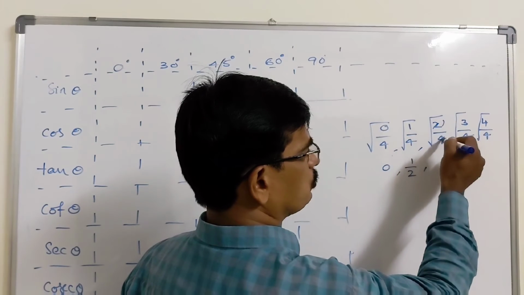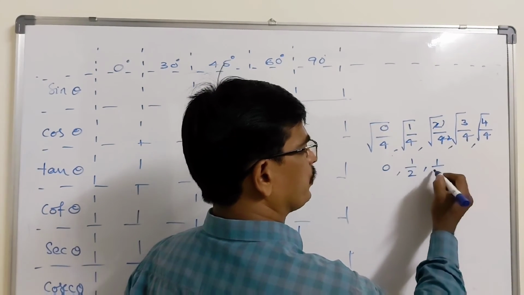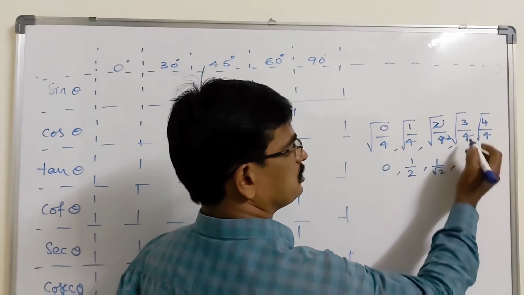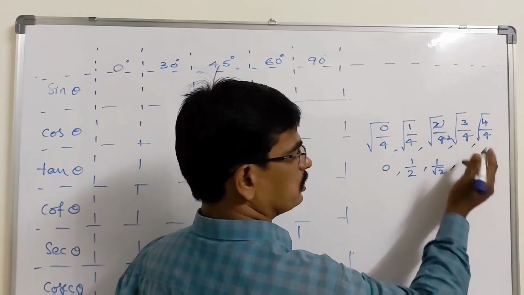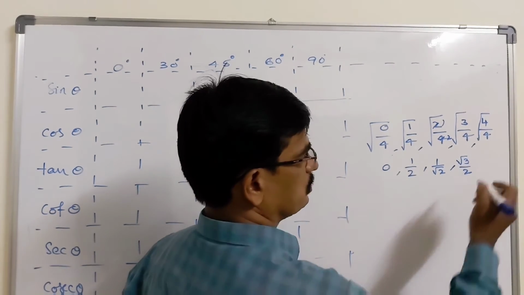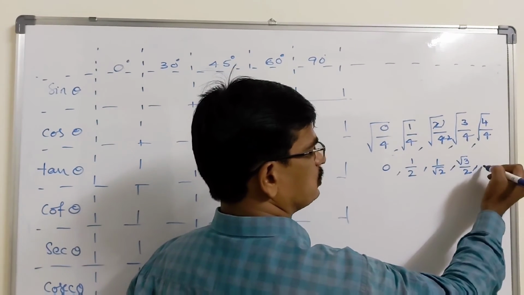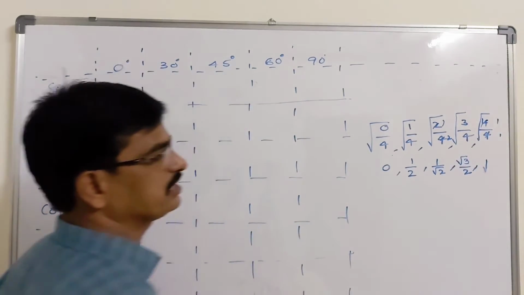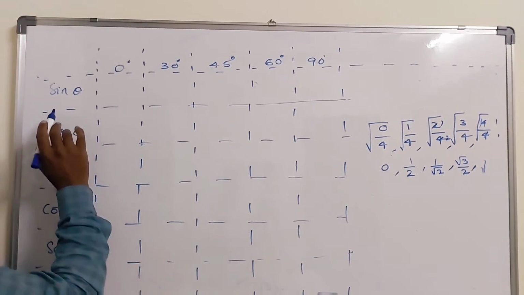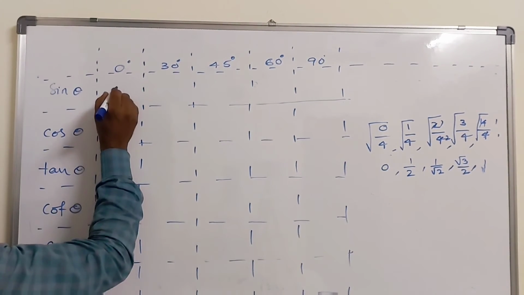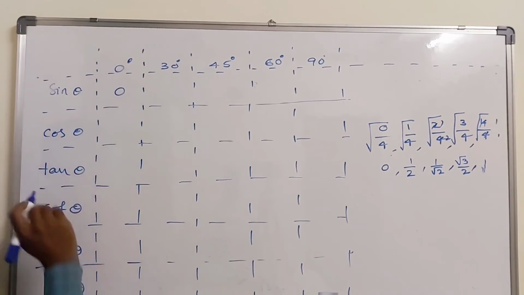Here 2 ones are 2, 2 twos are 4, that is 1 by root 2 you will get here. Right. Then root of 3 by 4 can be written as root 3 by 2. Then root of 4 by 4 is root of 1, which is nothing but 1 only. The 4s cancel out.